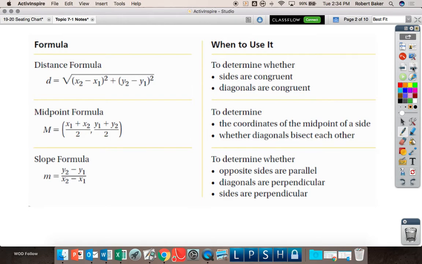If the midpoints of the diagonals are the same, that means they are bisecting each other. So midpoints will help determine bisectors. And what about slope? What is slope going to do? Angles. It will do perpendicular if I have 2 perpendicular slopes, or parallel. If you have 2 sets of sides that are parallel, what shape do you have? A parallelogram. So let's start kind of basic.